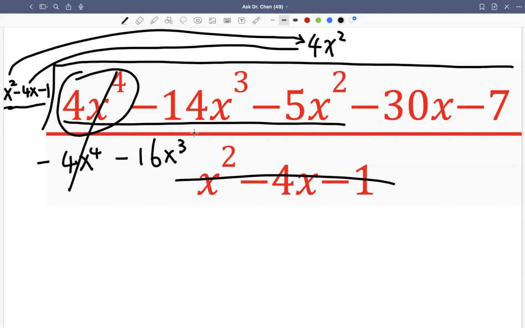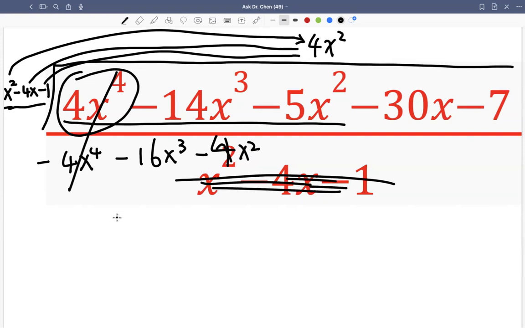So we write it down under the second term, negative 14x cubed. Then we have negative 1 multiplied by 4x squared. That's a negative 4x squared. Hope this doesn't confuse you. Remember this, I erased all this.